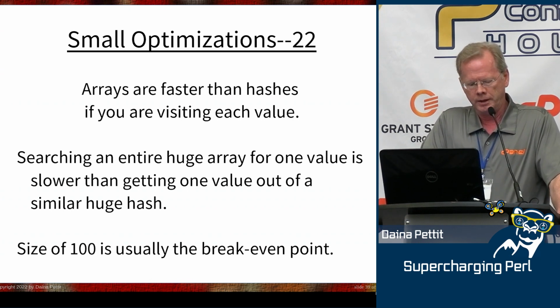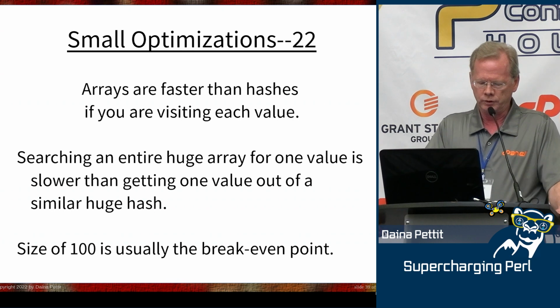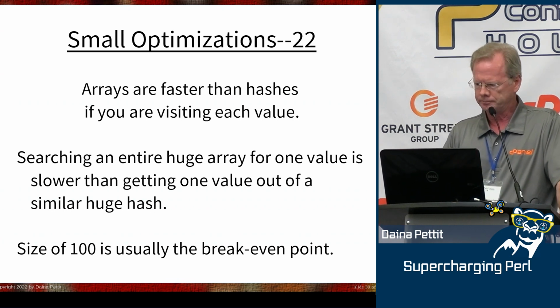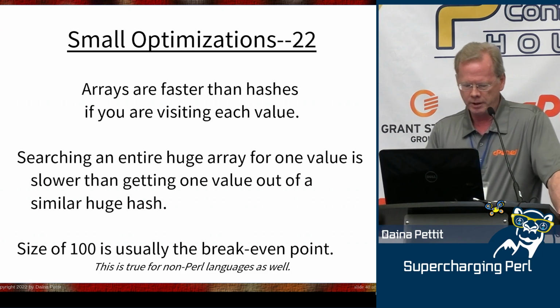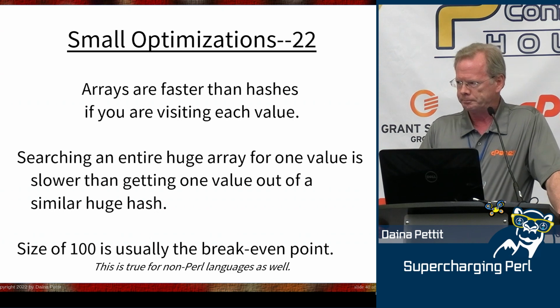It's usually about 100 elements that is the break point where it's about the same. If it's larger, you'll want to use a hash. If it's smaller, you can use an array. The interesting thing about that is this is generally true for other languages, not just Perl.